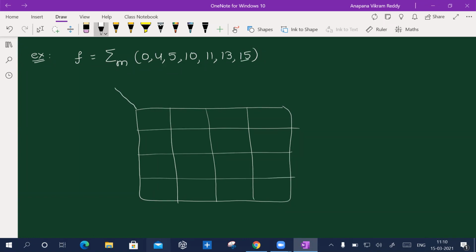You have maximum digit 15, so therefore it is a 16 cell K-map. I take it this way: 0, 0, 0, 1, 1, 1, 1, 0. So this is 0, 1, 3, 2, 4, 5, 7, 6.